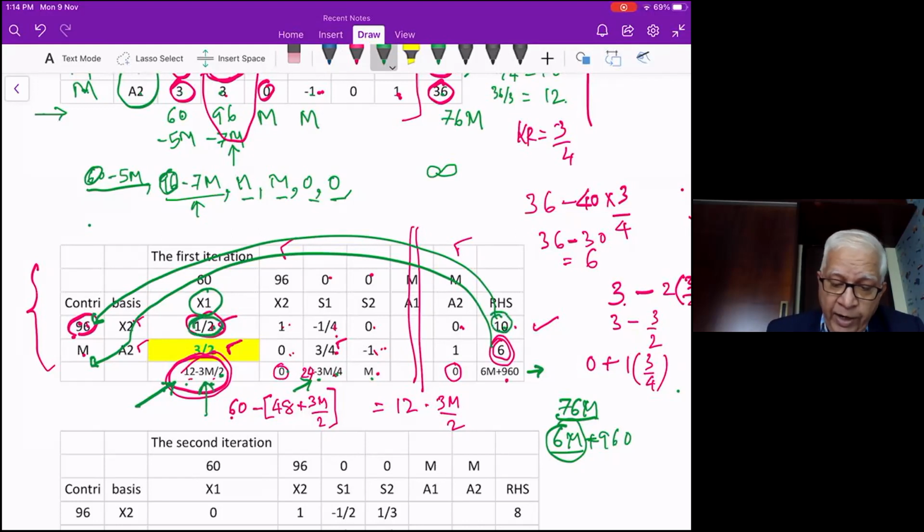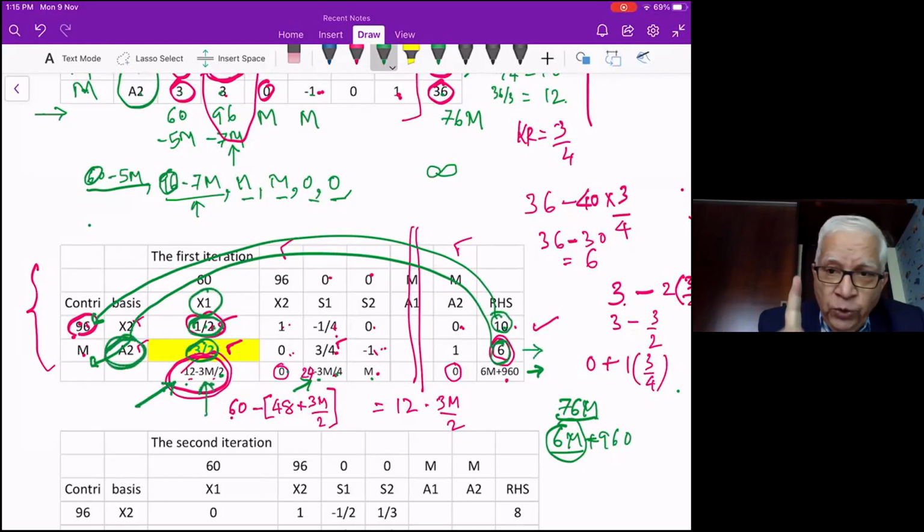So 10 divided by 1 by 2 is 20. And 6 divided by 3 by 2 is 6 twos are 12, 12 upon 3 is 4. So this is 20 and this is 4. Obviously the second row is the outgoing row, and the outgoing variable is A2.